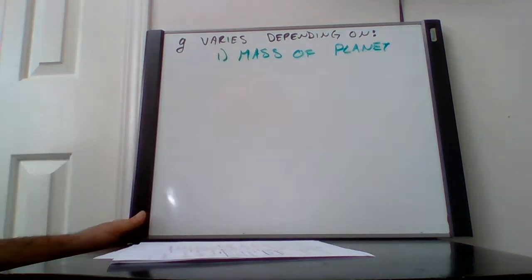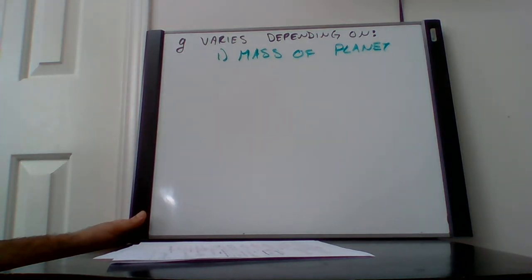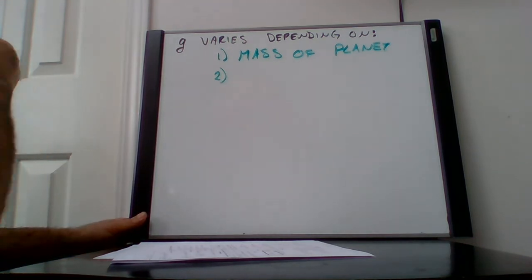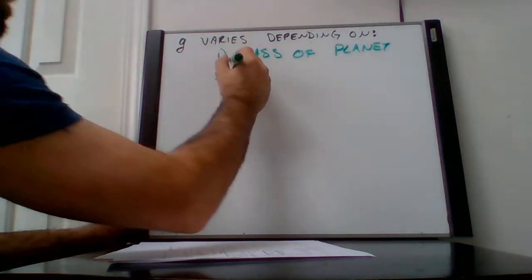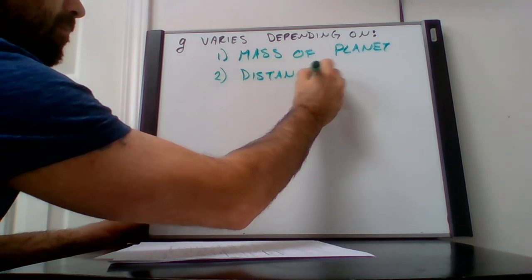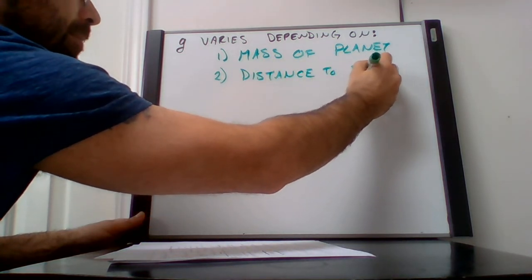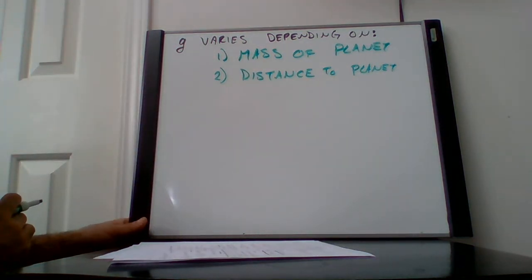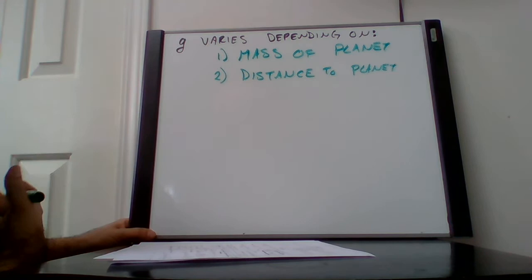Okay, so the first one we want to talk about is the mass of the planet. The second one that we're going to deal with is the distance to the planet, if we're talking about, say, the force of gravity, or the value of gravity, from the sun to the planet.